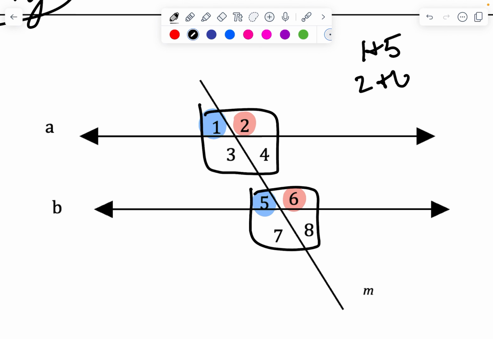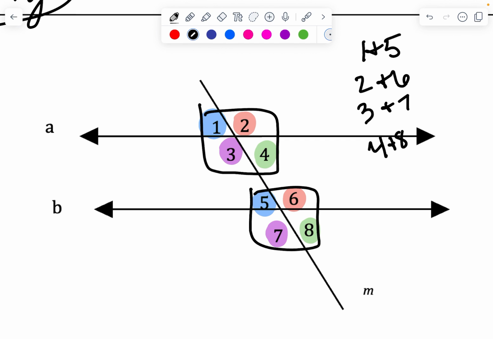So 2 and 6 are corresponding. 3 is in the same position as 7. And then last but certainly not least, 4 and 8. Okay, so just same position, different parallel line.